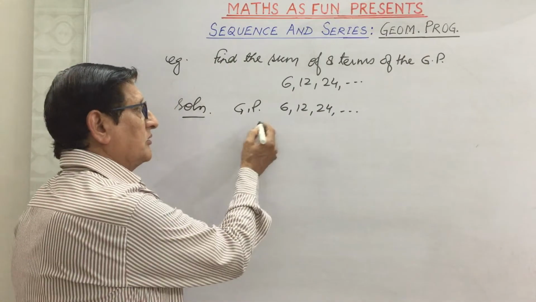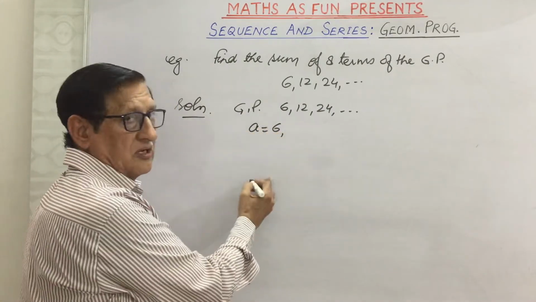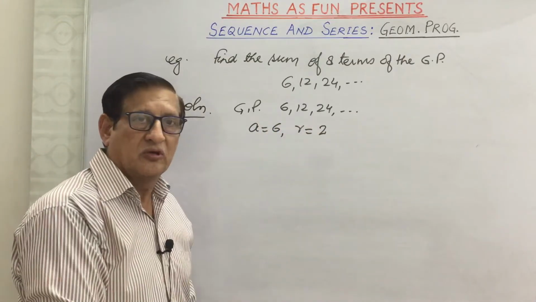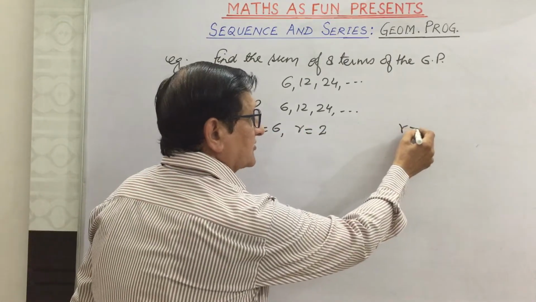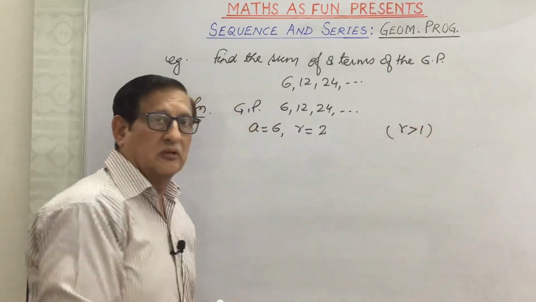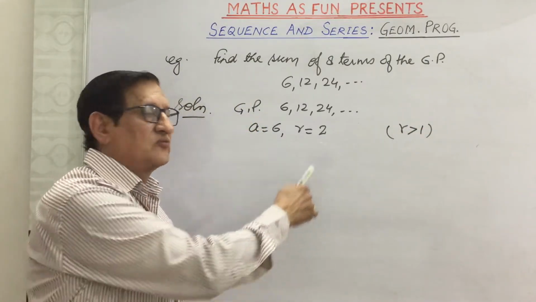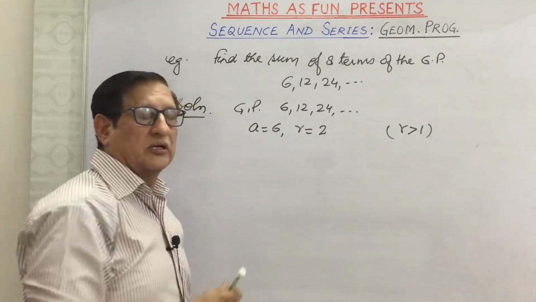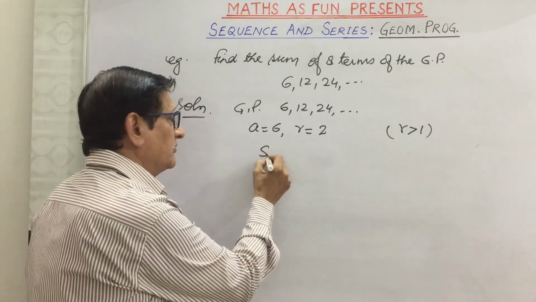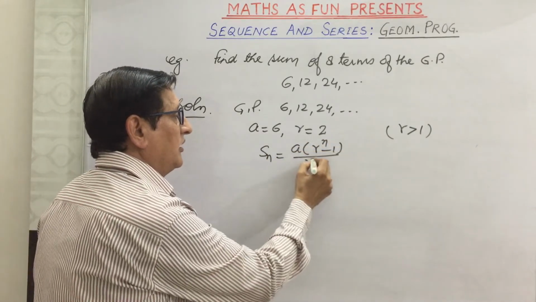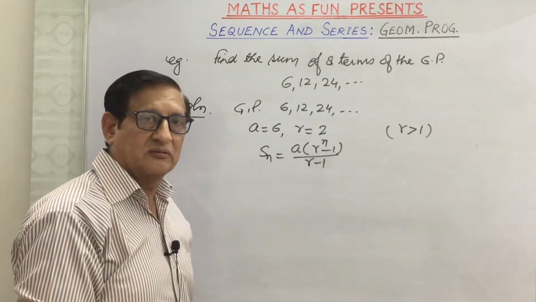Here we find that the first term is 6 and the common ratio R we can see easily, that is 2. We find here R is greater than 1. So we will apply the formula for the sum of n terms which is applied for R greater than 1. And that is here Sn equal to A into R power n minus 1 upon R minus 1.